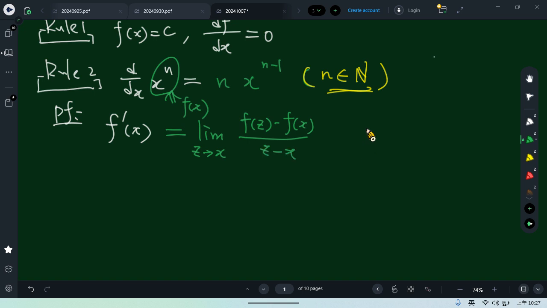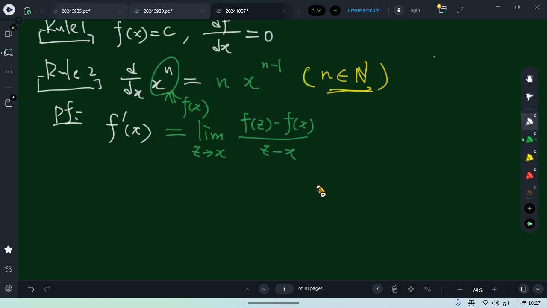Do you remember we have two definitions for f prime of x? One is the limit as h approaches 0 of f of x plus h minus f of x over h. The other is the limit as z approaches x of f of z minus f of x over z minus x.